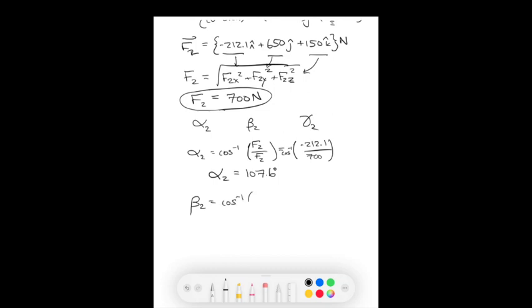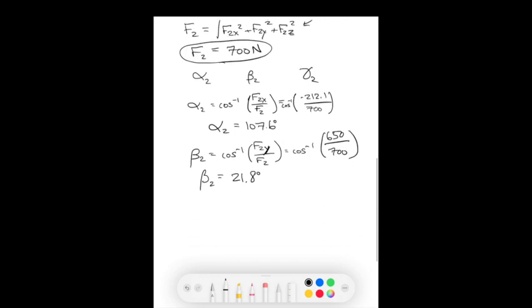Do the same thing for beta. Equal to the inverse cosine. And that should be x there, sorry. F2y, it's a y, over F2. So we get our y value up here. We see that it's 650. 650 over the 700. Solve for that, we find that beta is equal to 21.8. And finally, we're going to solve for gamma. Again, the inverse cosine.